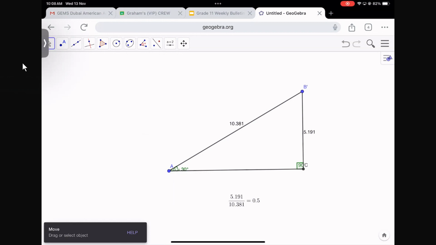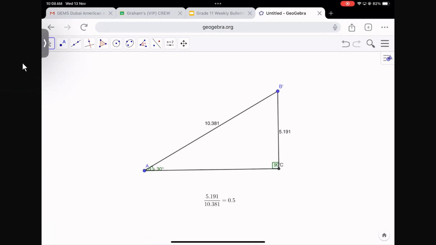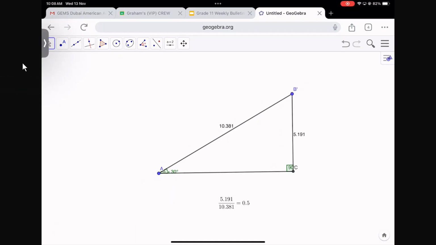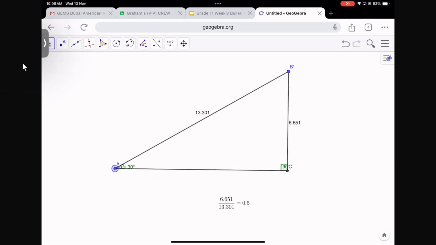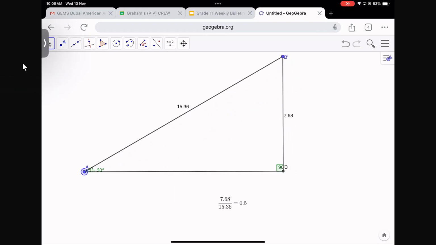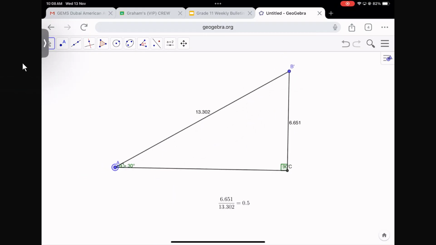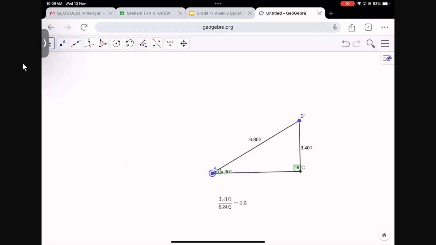What we've got here is I'm taking the opposite, which is the value here, and I'm dividing it by the hypotenuse, and it's getting 0.5 when the angle is 30. No matter how I change the size of this triangle, as long as the angles stay the same, the ratio between the hypotenuse and the opposite is always going to be 0.5.